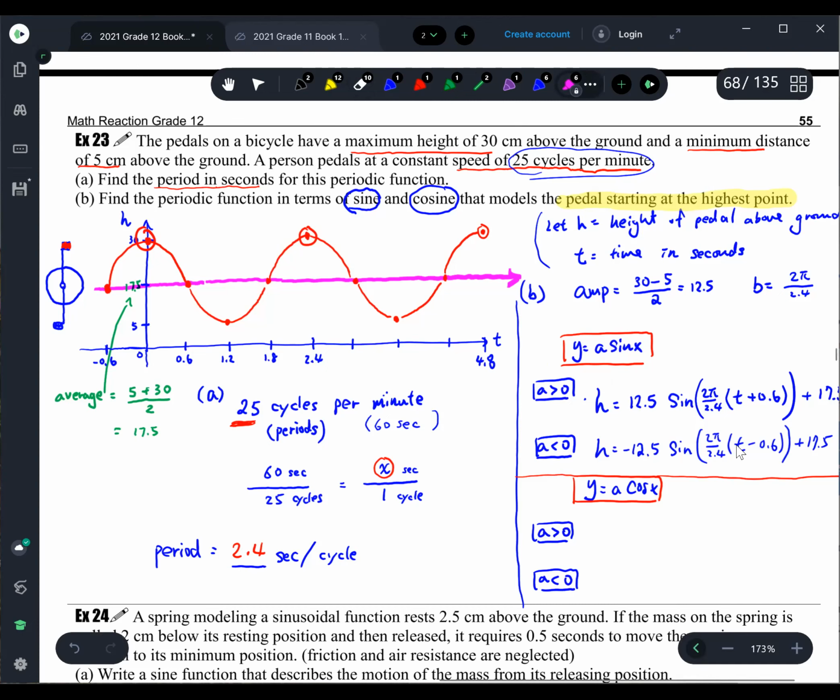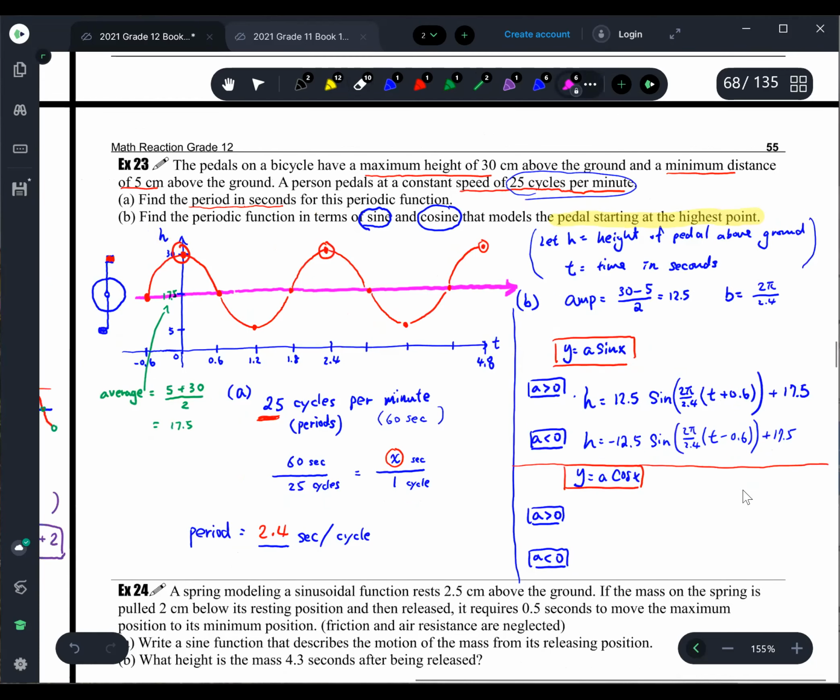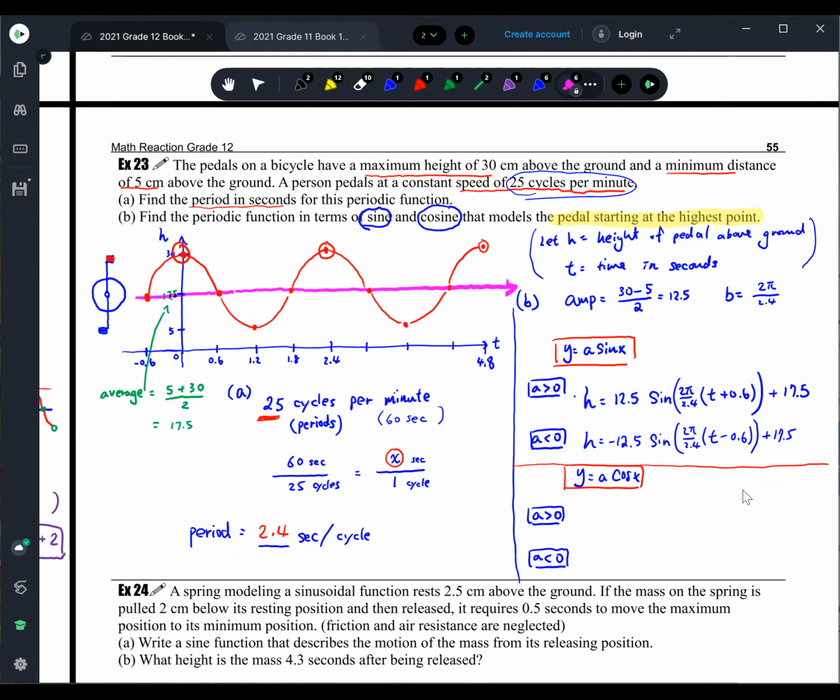If you are done, please raise your hand. Cosine, make sure you pick the closest one, closest to the original axis.